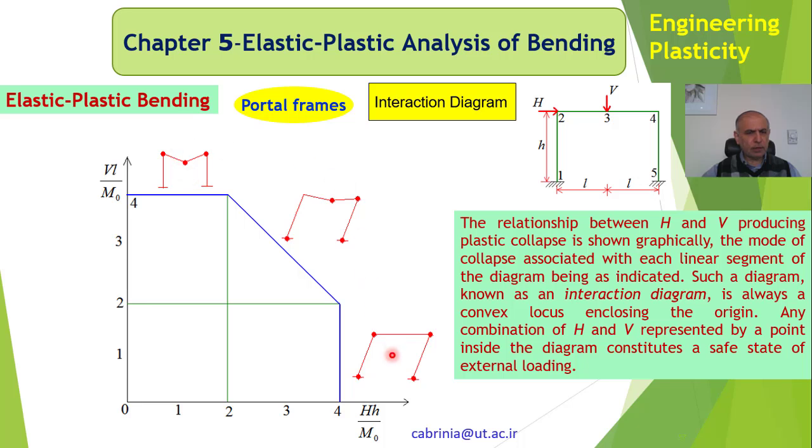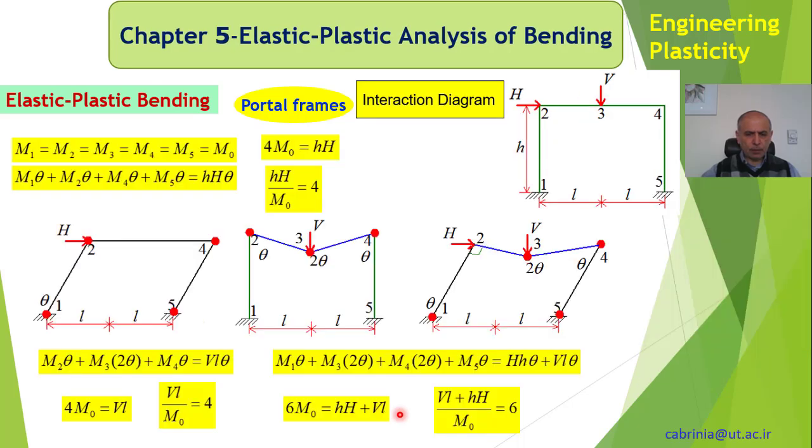3 cases. The relationship between H and V producing plastic collapse is shown graphically. That's VL/M0, HH/M0, because I've got VL/M0 and HH/M0, and the combination of them is 6. Each of them is 4.